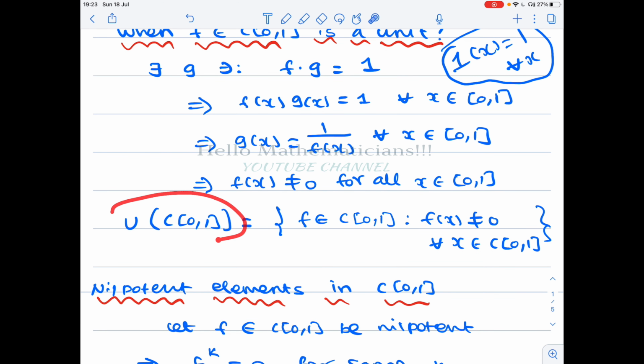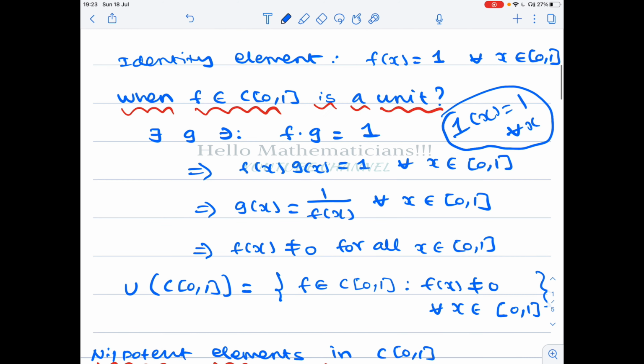So the set of all units U(R) means units in the ring R. The units of C[0,1] are precisely the set of all f in C[0,1] which do not vanish at any point in [0,1]. I hope you understand what a unit is.